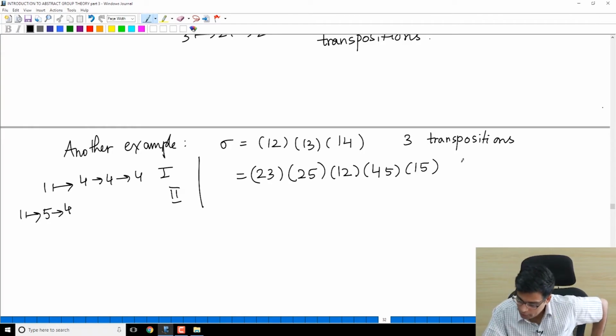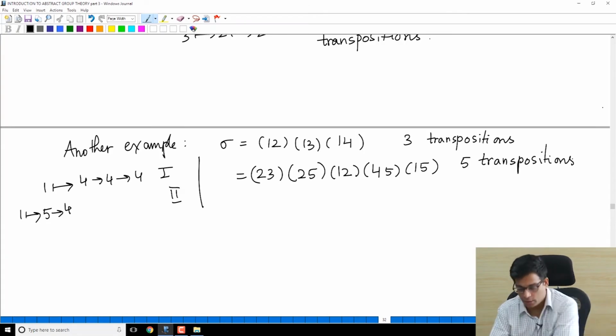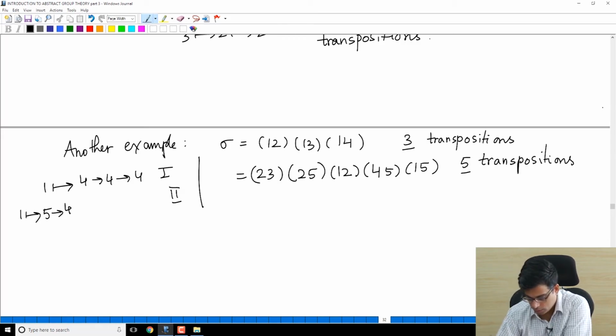So here you need 5 transpositions. So not only is the decomposition into a product of transpositions not unique, even the number of them that you require is not unique. So here we need 3 and here you need 5. However, there is some uniqueness about this decomposition into a product of transpositions that I will come to later.